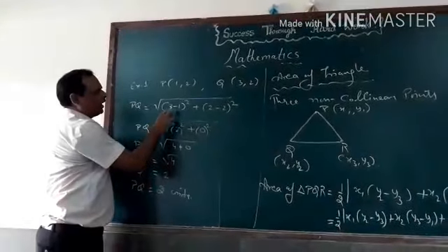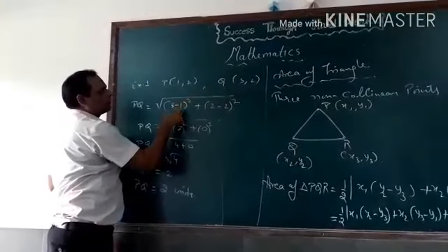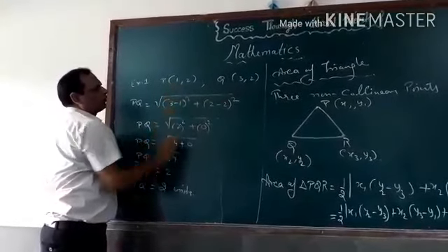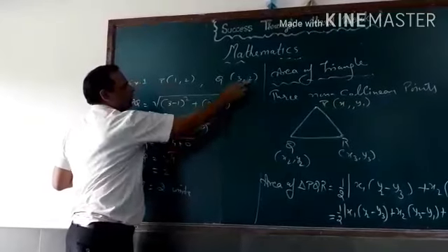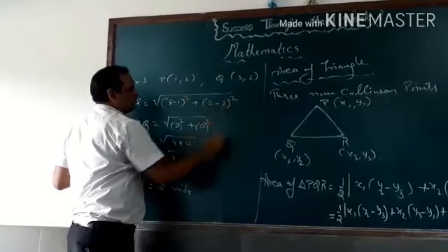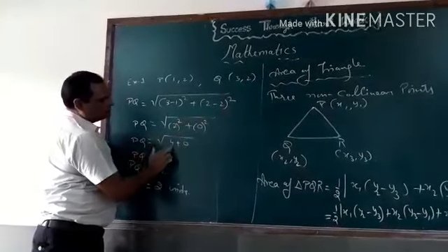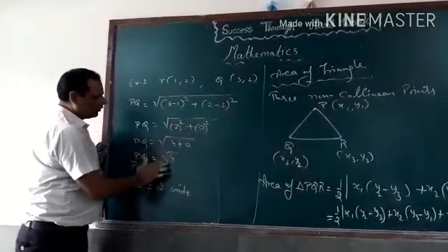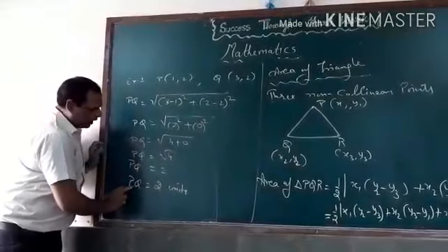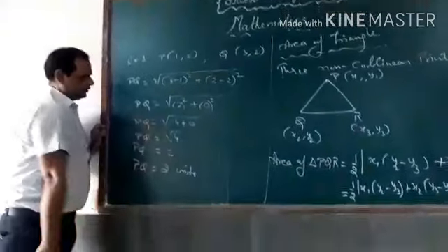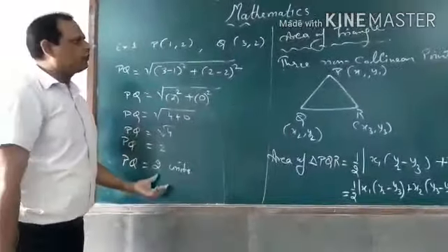Now we apply the formula: (3 minus 1) whole square, plus (2 minus 2) whole square. After solving this, we get 2 square is 4, 0, square root of 4 is 2, and PQ is equal to 2 units. Always we write the distance in units.